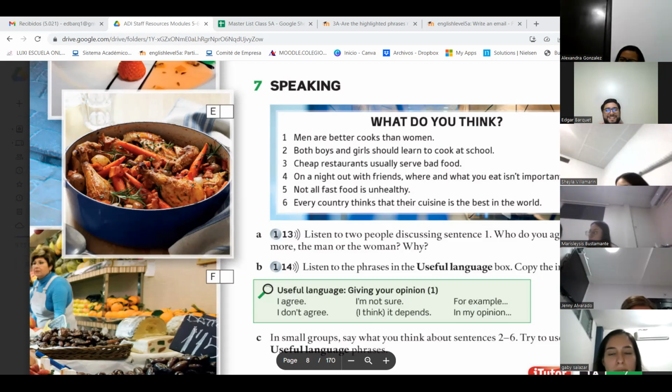It's different, and well, I prefer ubicarme. You locate yourself. Okay, I locate myself with the place. Like, I don't know, the police center is next to the Clínica Kennedy.